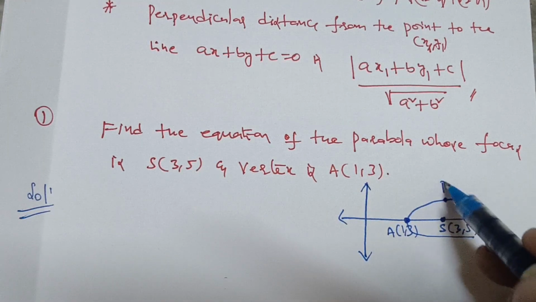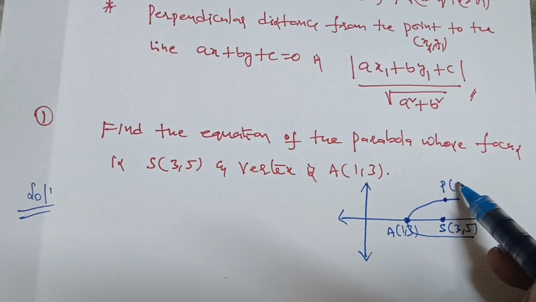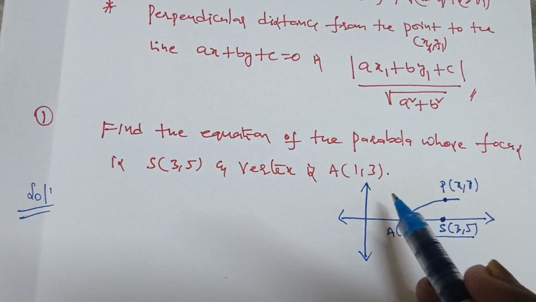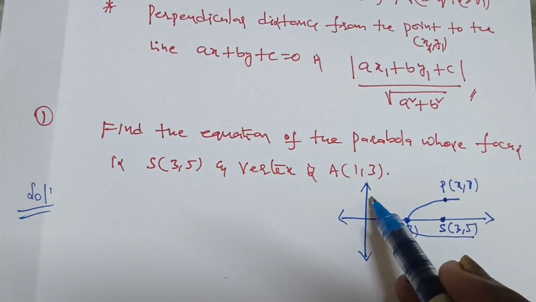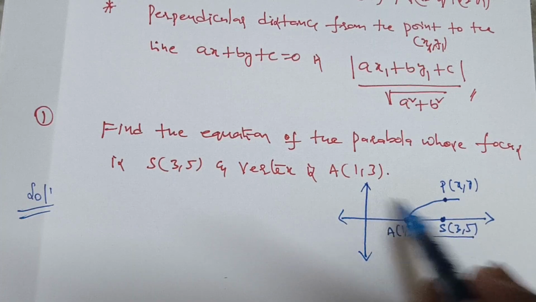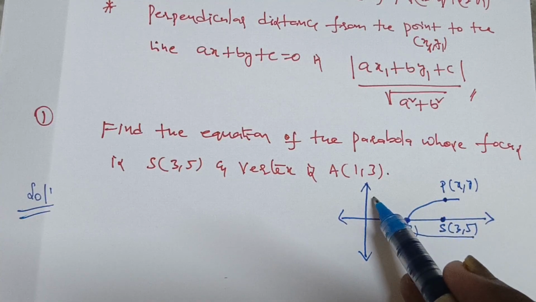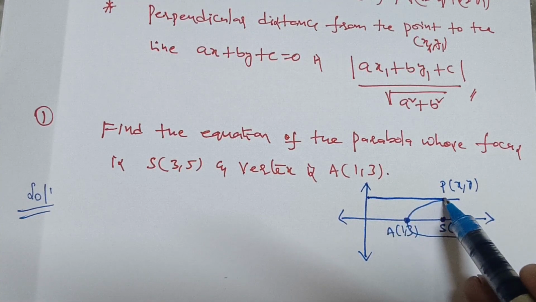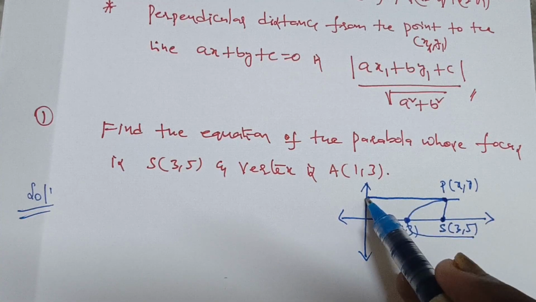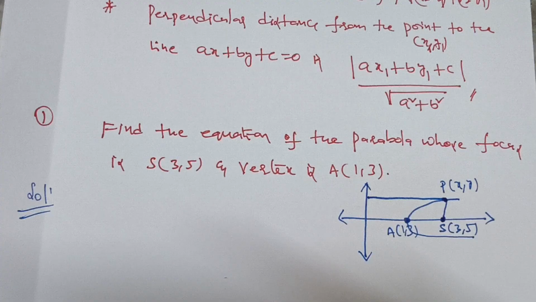Let us take any point on the parabola as P(x, y). We know that the distance from a point in a plane to the fixed point is equal to the distance to the fixed line, by the definition of parabola here.